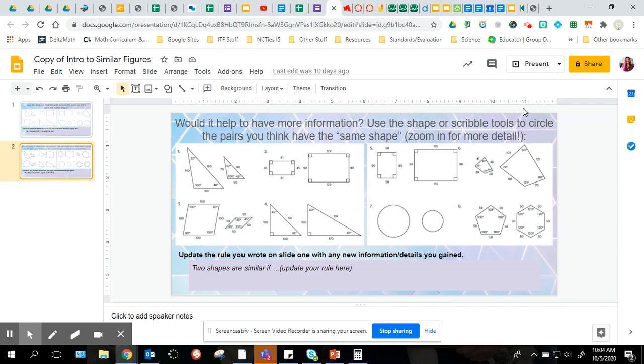This is different from congruent, where congruent shapes are going to be exact copies of one another, meaning the angles are the same, the sizes are the same, the side lengths are exactly the same. So congruent means exact, similar means the same but different sizes. Okay, so that's one thing we want to look for when we're doing similar shapes.